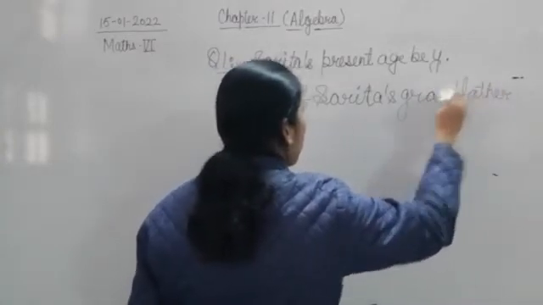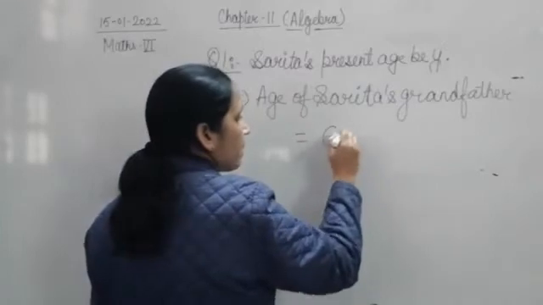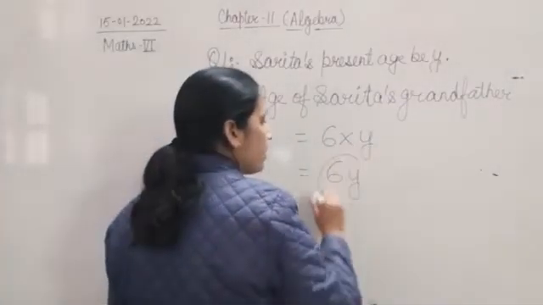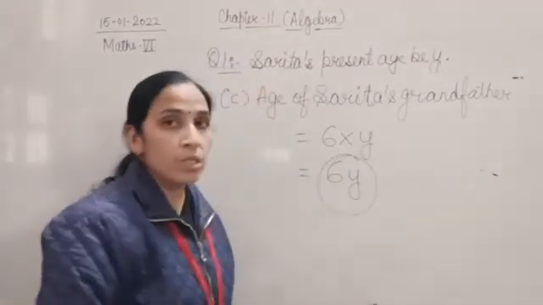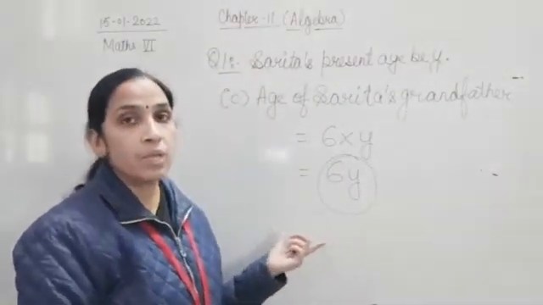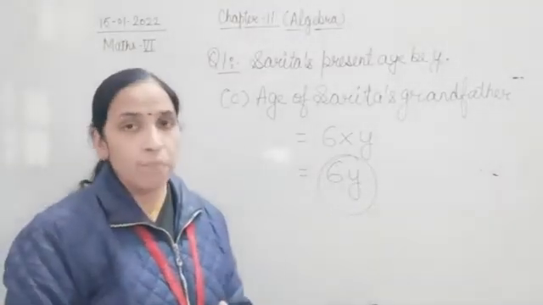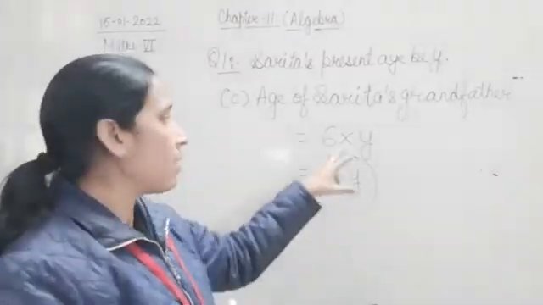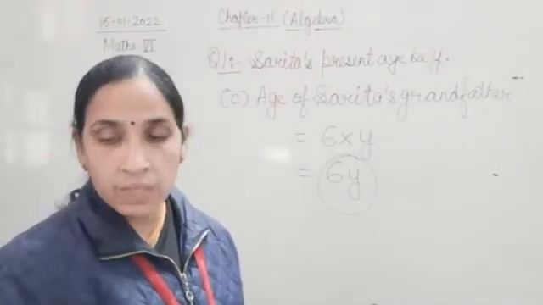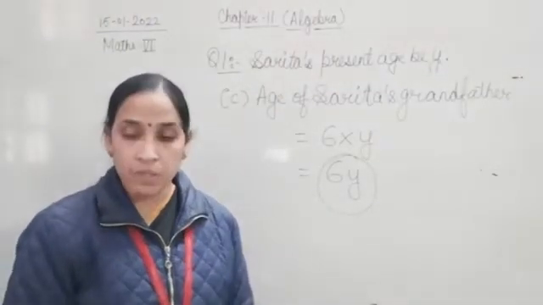It is already given in the question that Sarita's grandfather's age is 6 times the age of Sarita, so 6 will be multiplied by y. 6y is the answer, or 6y is the age of her grandfather.